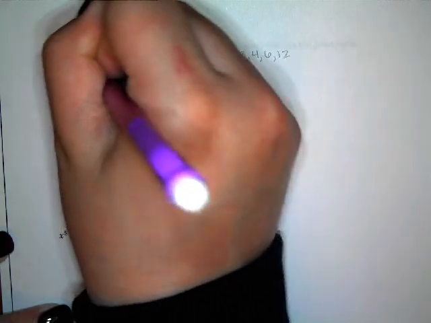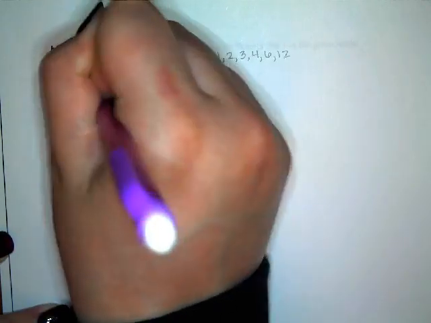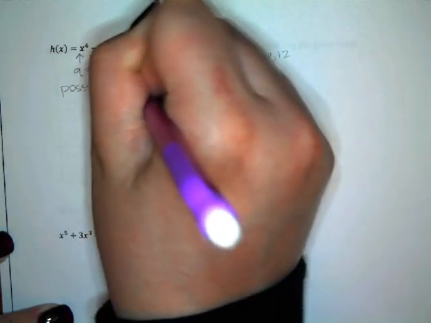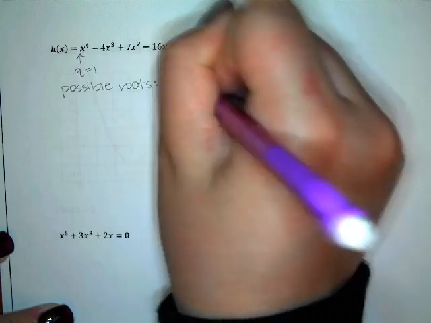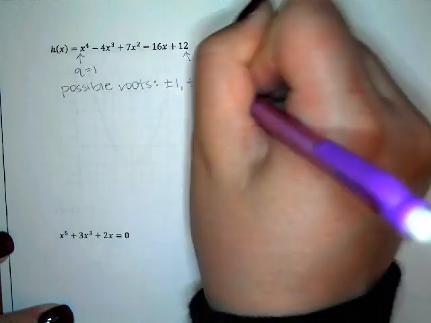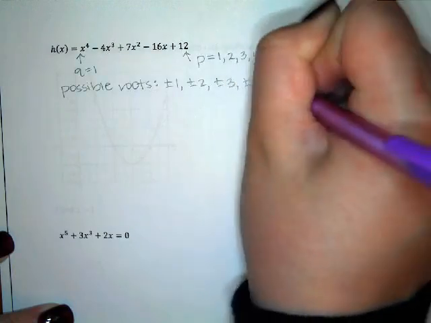So my possible roots are plus or minus 1, plus or minus 2, plus or minus 3, plus or minus 4, plus or minus 6, plus or minus 12.